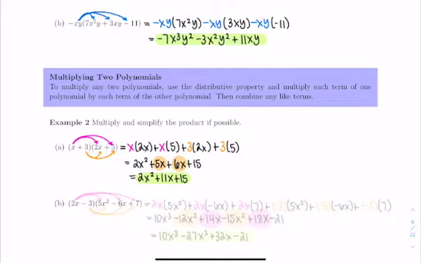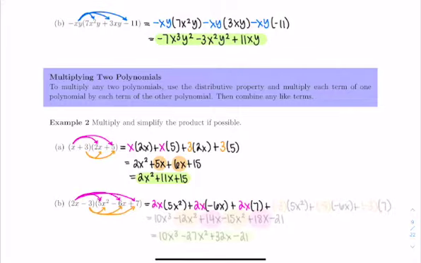So the first thing we're going to do is distribute the 2x to all three pieces. And then we're going to distribute the -3 to all three pieces. So we have 2x times 5x squared, we've got 2x times -6x, and we've got 2x times 7.